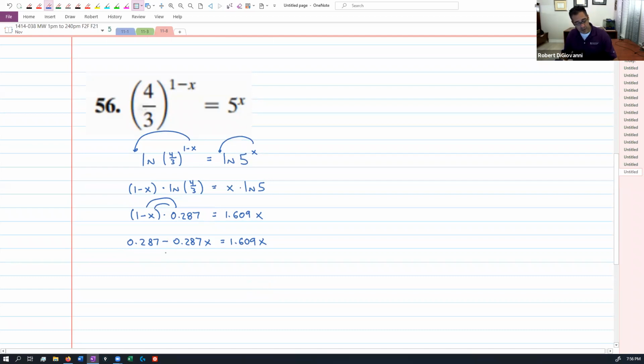We can just get x on one side, so I'll add this to both sides. All right, so 1.609 plus the 0.287 is approximately 1.896x equals the other side, which is 0.287.